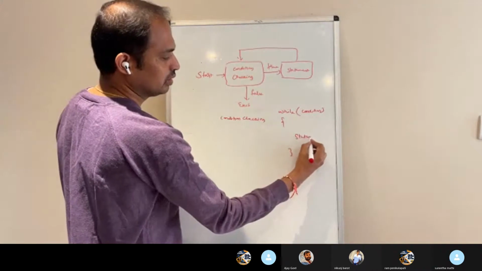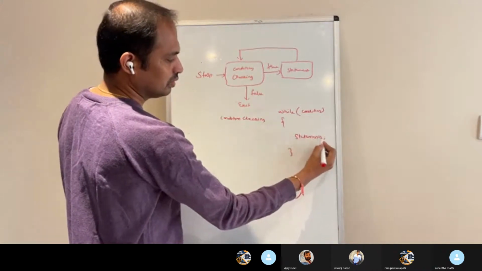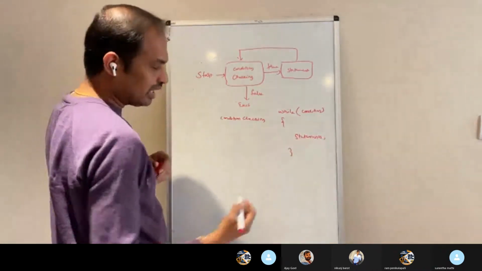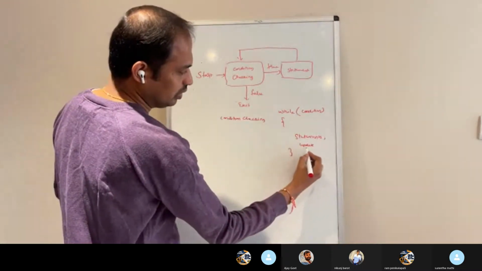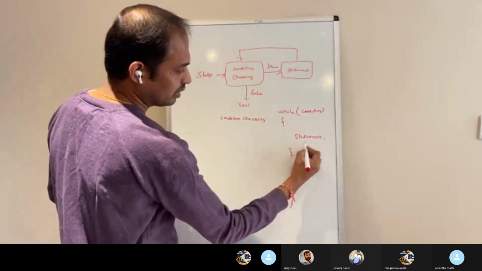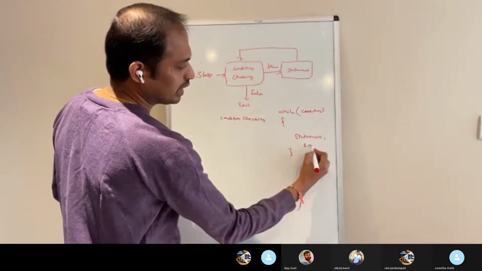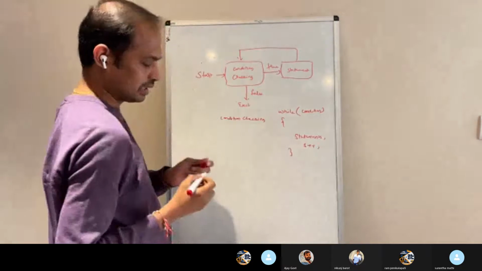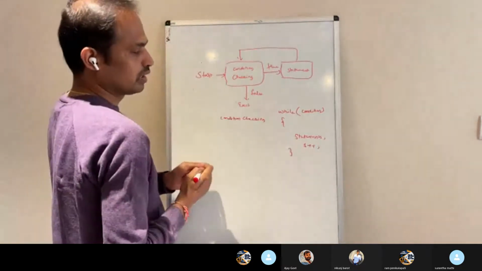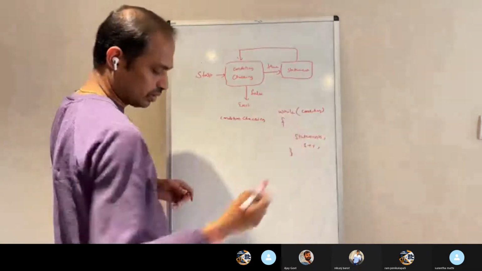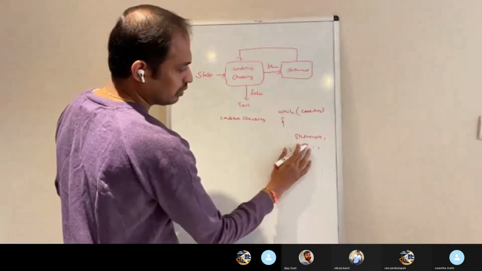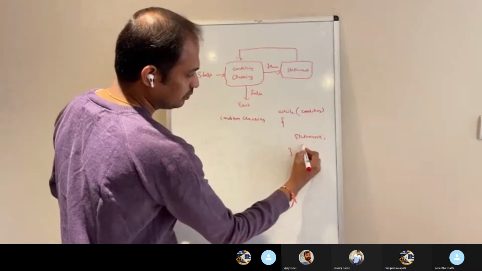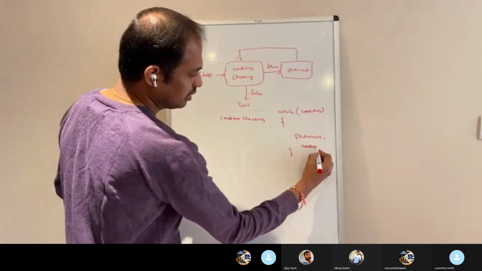Then the increment will happen here, the update. Here we write the increment. Suppose i is the variable, then we'll write i plus plus. So the update expression is written like this. This is the syntax.